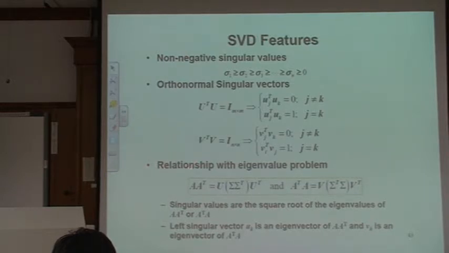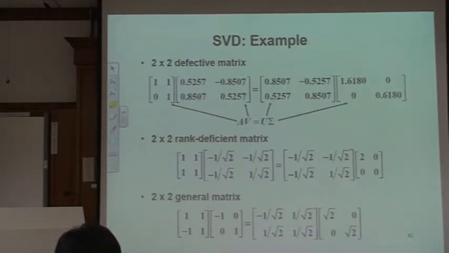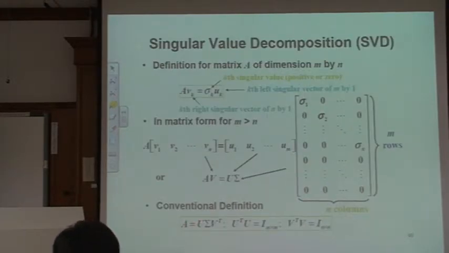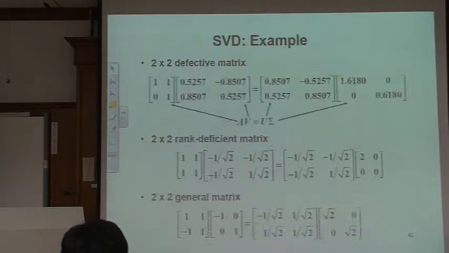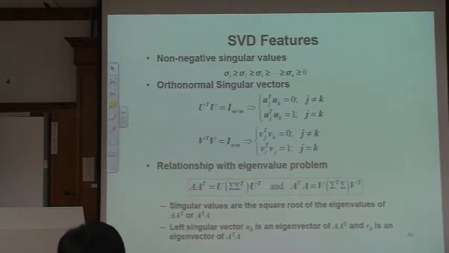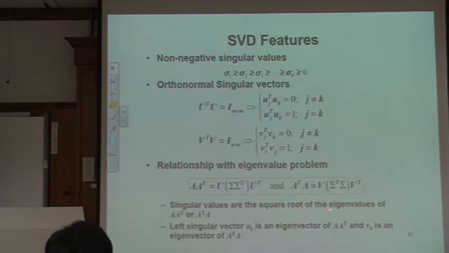The relationship with the eigenvalue problem is here. Okay, so if we decompose A by these three matrices, U sigma V here, and we plug in A and A transpose here, we get this result here. And this is pretty much the same thing. You can look at the singular values as just the square root of the eigenvalues of A transpose A or A A transpose.